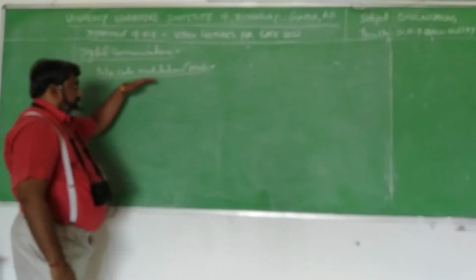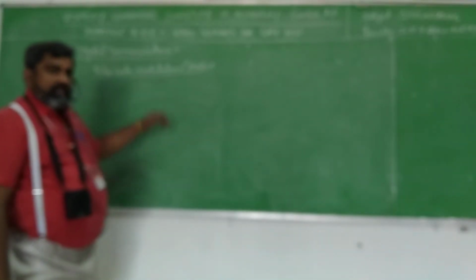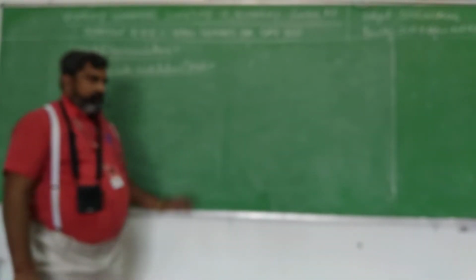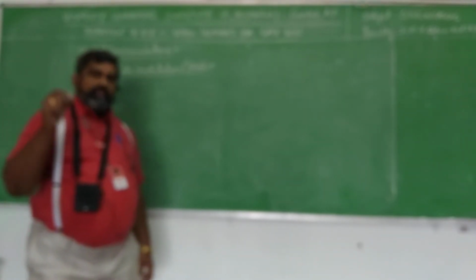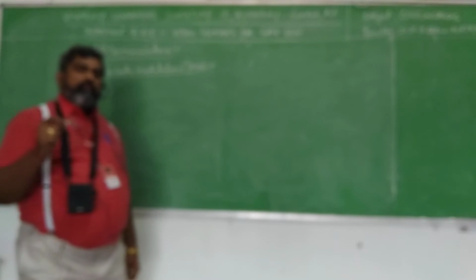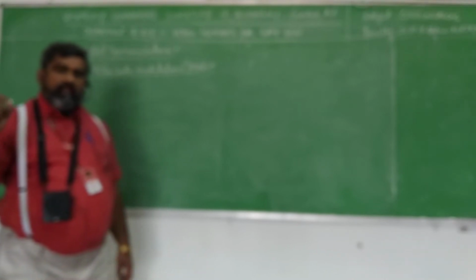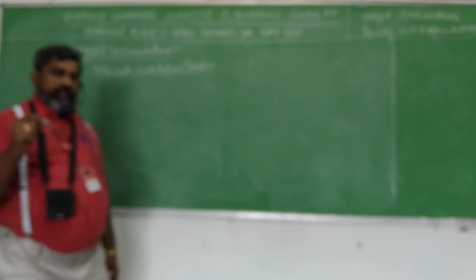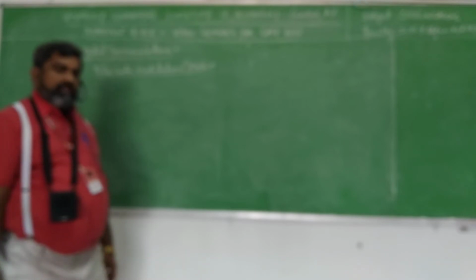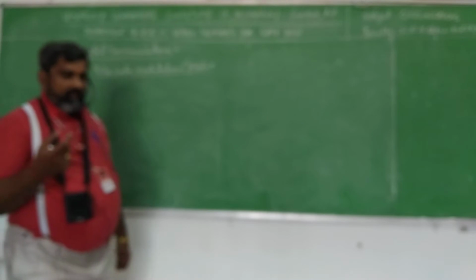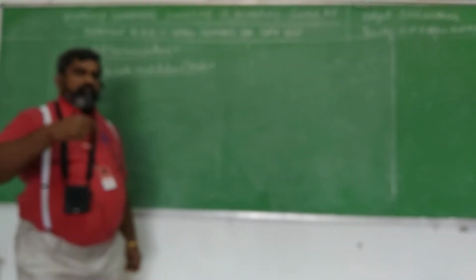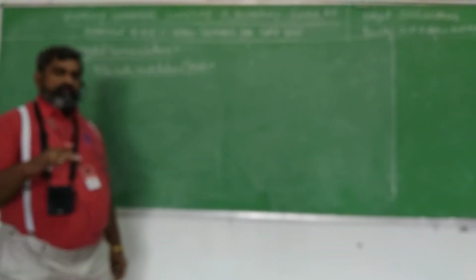Let us understand in simple terms what actually PCM is. Pulse code modulation means transmission of the message signal in the form of coded binary pulses. Coded binary pulses. So binary pulse means plus 5 volts or minus 5 volts.